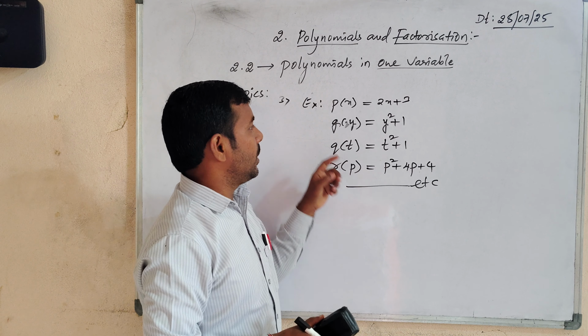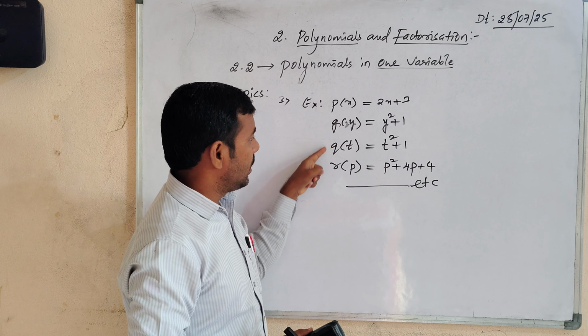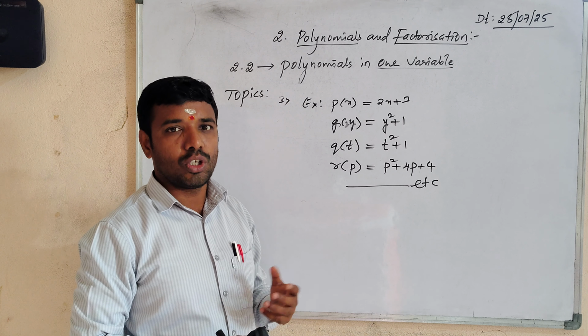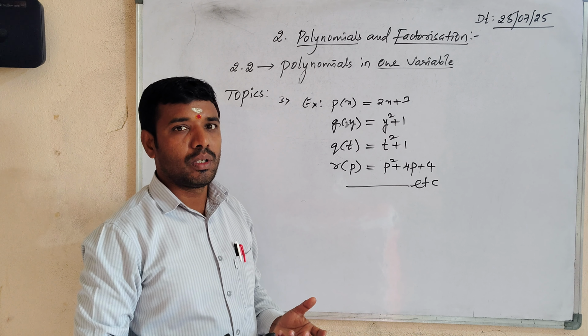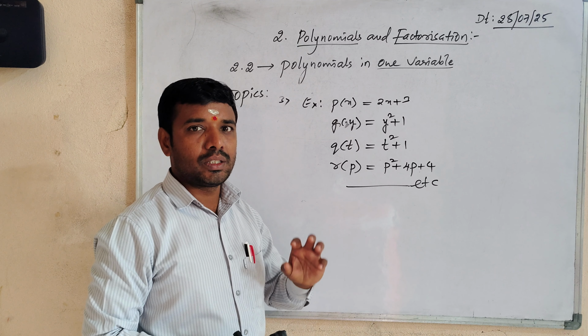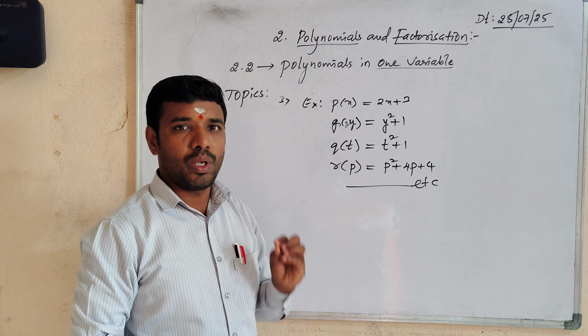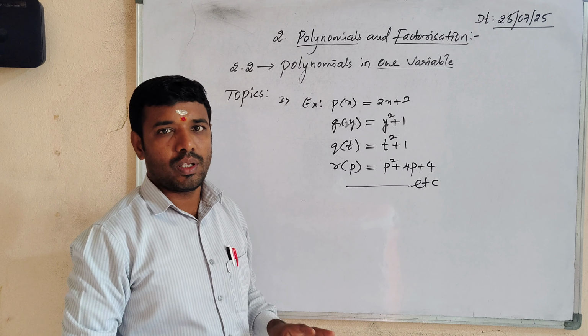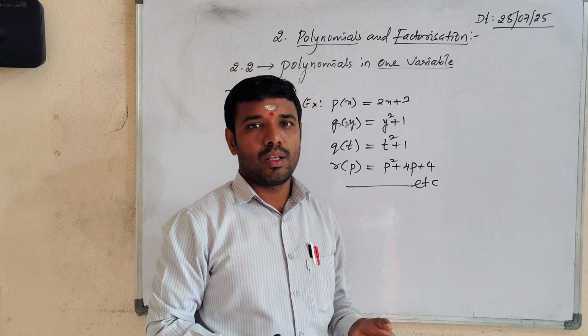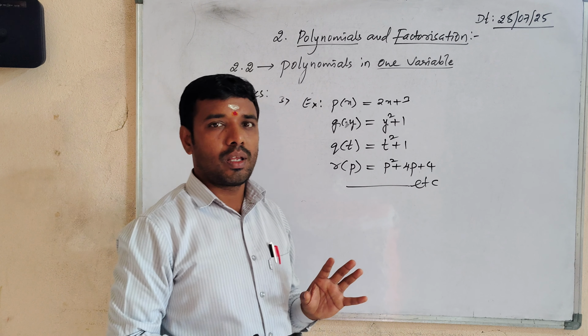And those polynomials are denoted in such situations like p of x, g of x, r of x, q of x. If the polynomial contains a y variable, p of y, g of y, q of y, f of y, r of y.